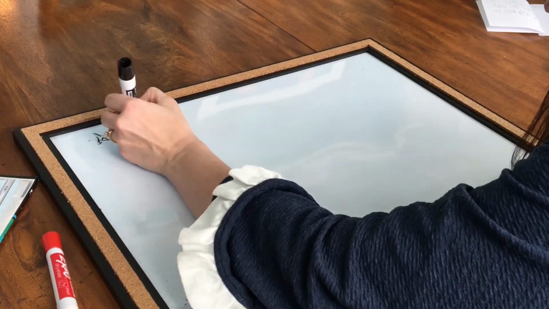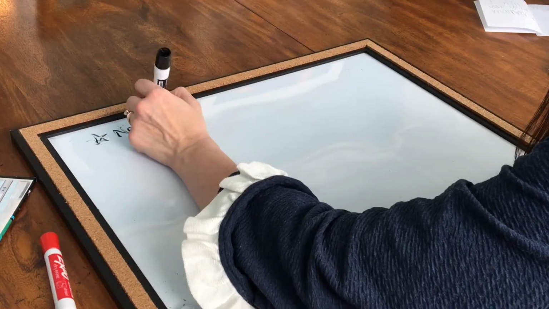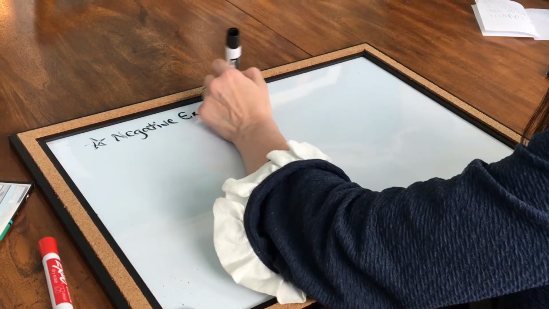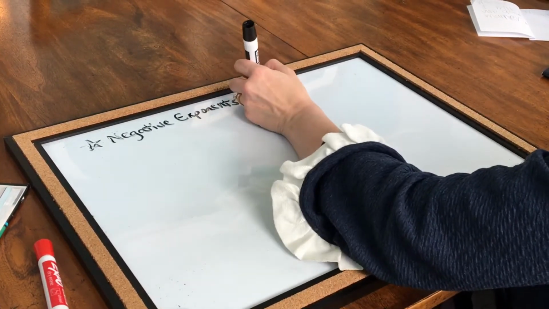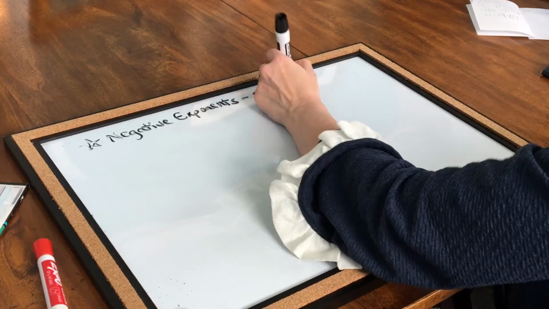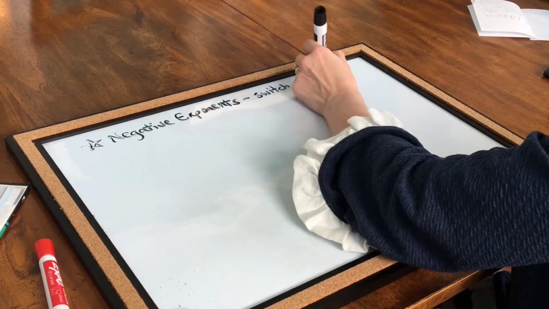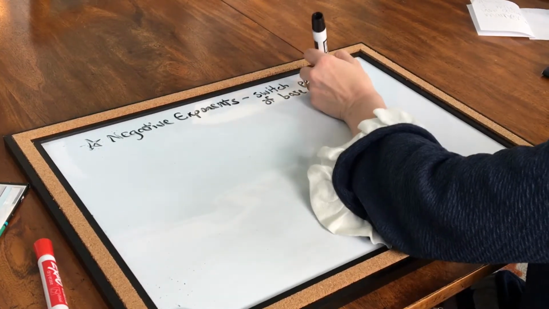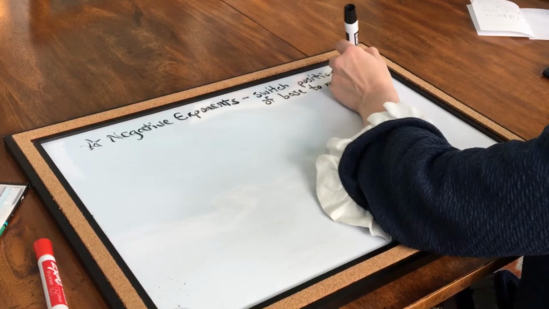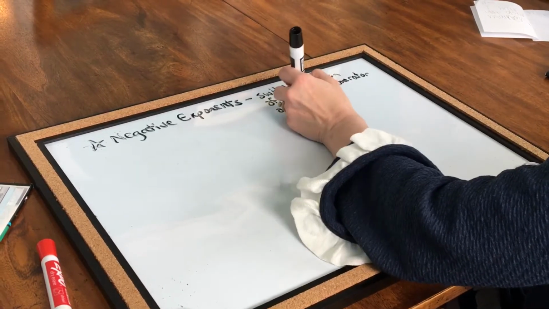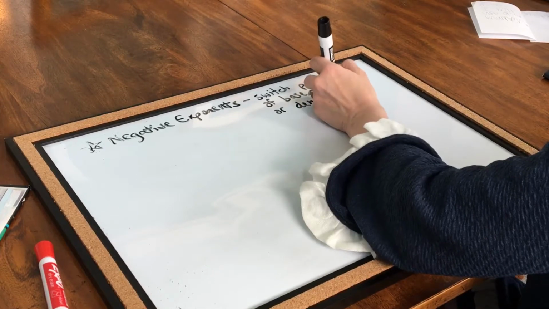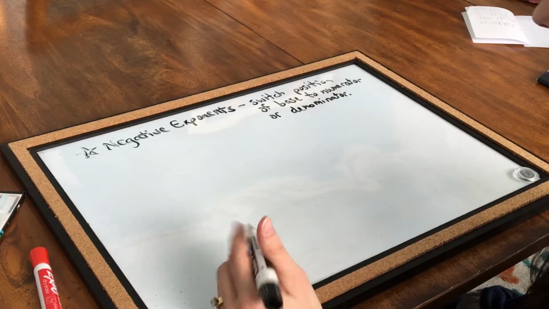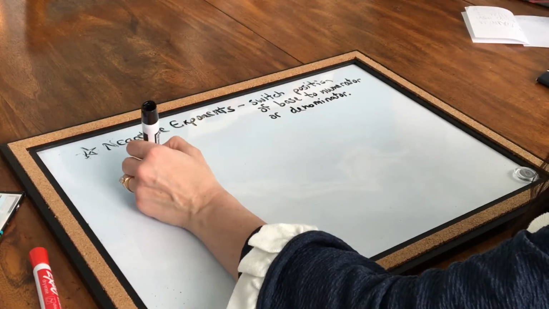So negative exponents mean that you switch the position of the base to the numerator or the denominator of a fraction. This is a lot easier to see in an example. So let's take a look at a couple of examples.